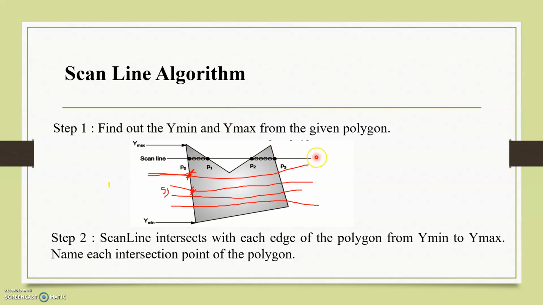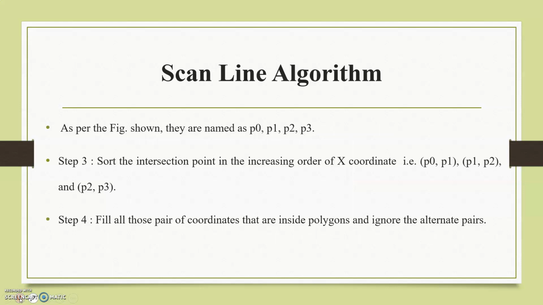Then in the next step you make pairs of the points. Here we are making P0, P1, P2, P3. Then you fill the distance between the two points of each pair we made. That's all about the scanline algorithm.